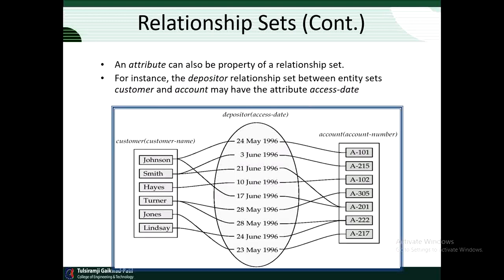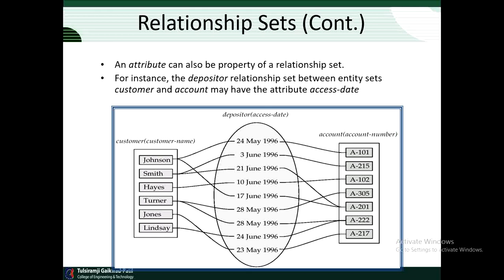Then a relationship set is represented here with the attributes also. An attribute can also be the property of a relationship set. For instance, the depositor relationship set between entity sets customer and account may have the attribute access date. So this is an example of a relationship where the attribute also belongs to the relationship.